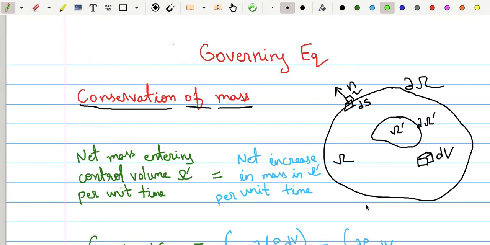Okay. All right. So let us now go ahead and look at the governing equations for some situations. We will start with conservation of mass.